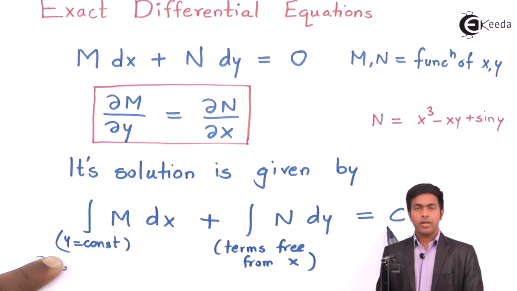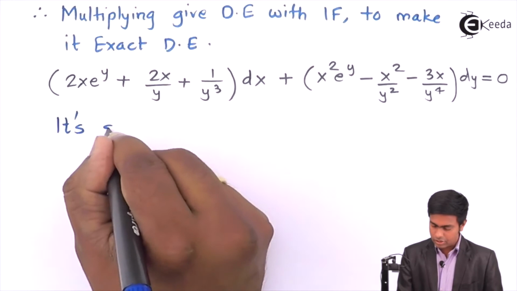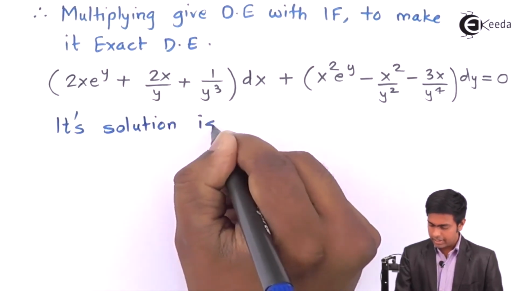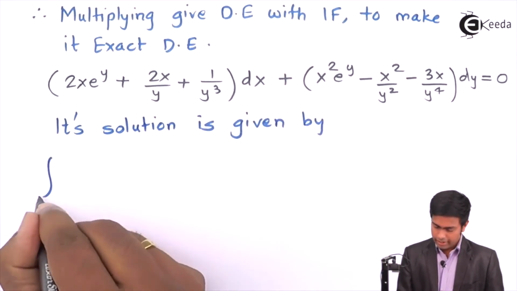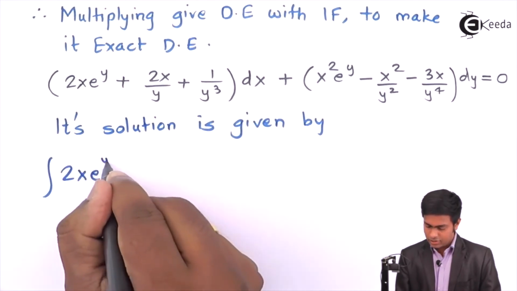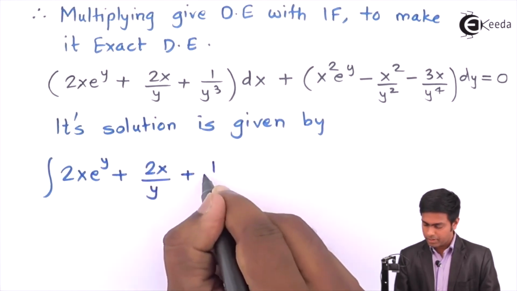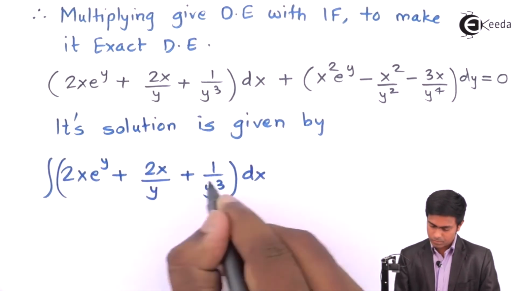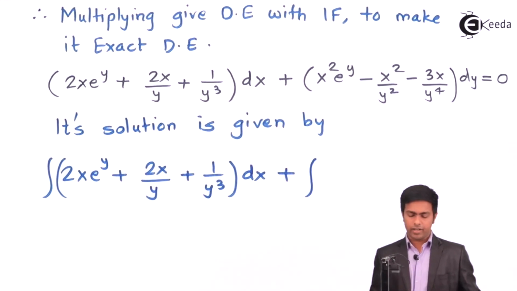So its solution is given by integration of M dx, so 2x e^y plus 2x upon y plus 1 upon y³ into dx, plus integration of N dy.